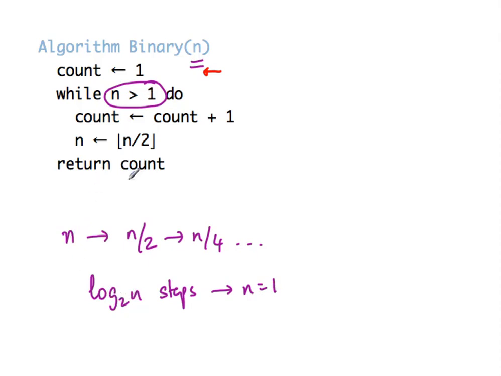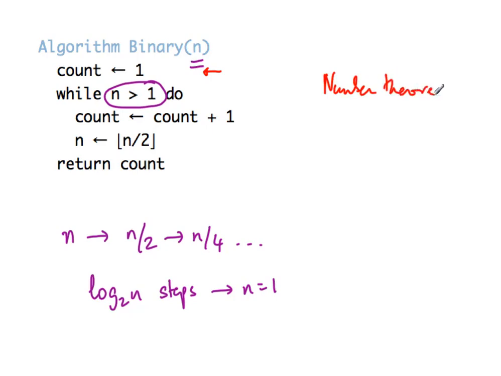So the crucial thing here is that we don't have a summation which depends directly on n, but rather we have to look at the behavior of the loop and compute how many times it's going to iterate. Another thing to remind ourselves is that this is a number theoretic function.